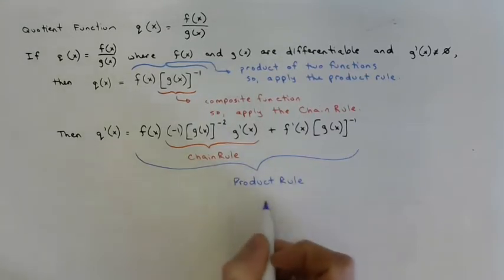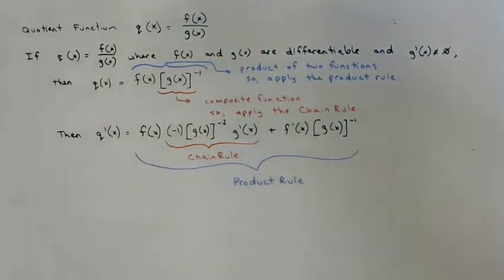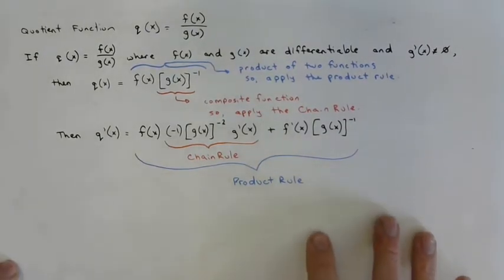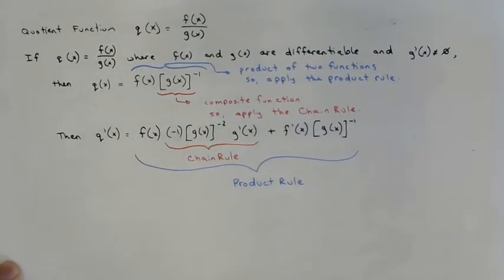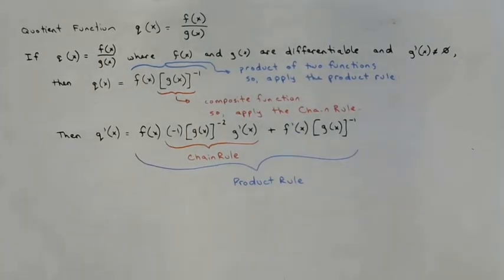So it's the chain rule inside the product rule, essentially. Take a second to think through that, and as we do our examples, the first example for sure, I'm going to write it kind of step by step. What step are we working on? And then we'll get through this differentiating quotient functions business.